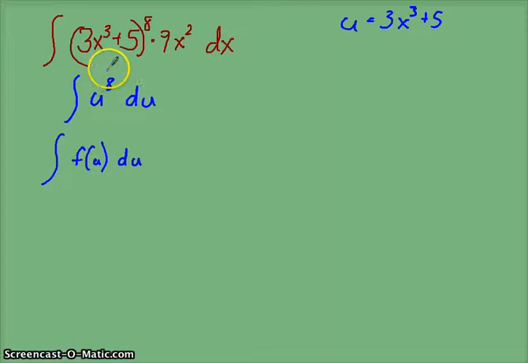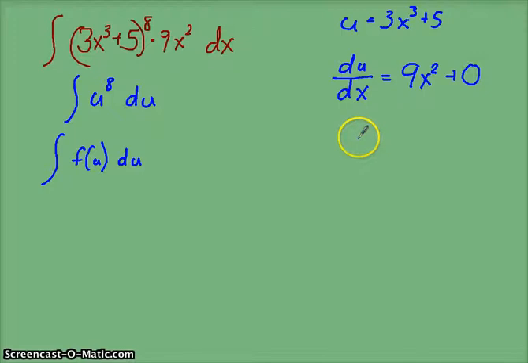No problem. And if I find the derivative of that, again, I'm going to show this next step. You're probably going to skip it with enough practice, but when we find the derivative, that's du over dx. And what was the derivative of this? 9x squared plus 0, no problem.